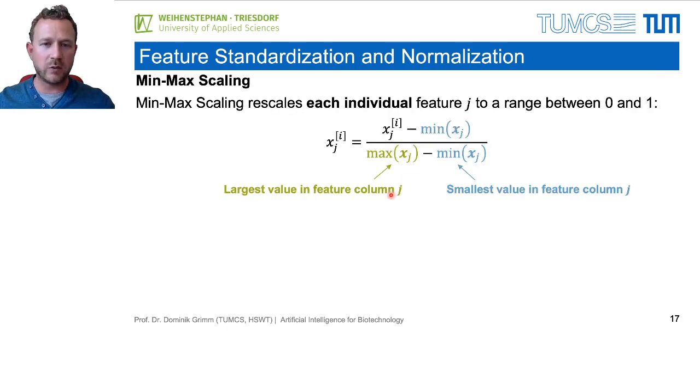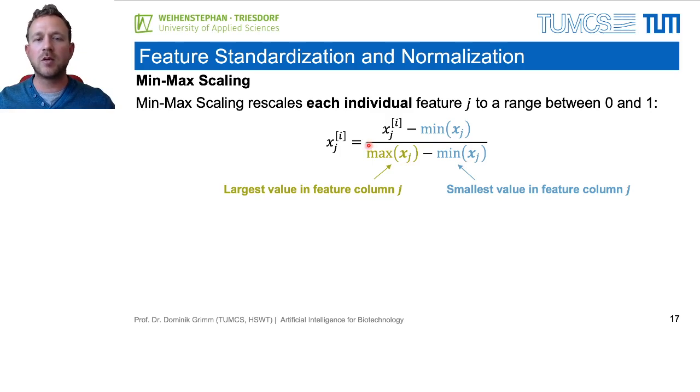And this can be done as follows. Our x_j for sample i is nothing else than this data point minus the minimum of the feature column j, divided by the maximum value in the feature column j minus the minimum value in the feature column j.